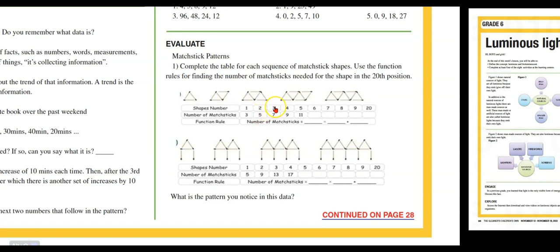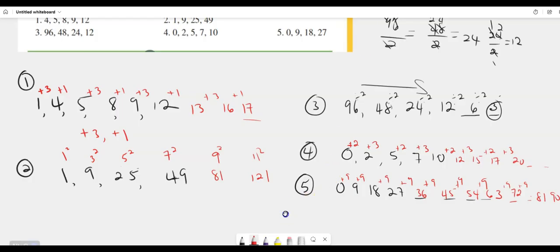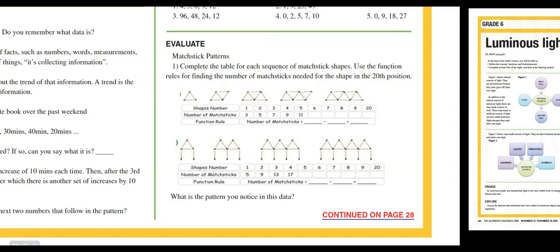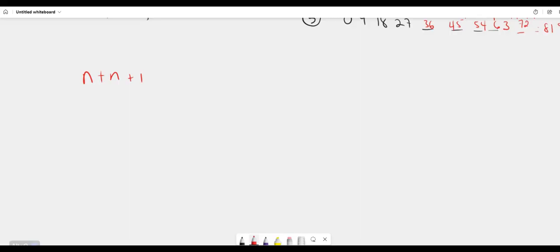So the rule is n plus n plus 1. The next numbers are 2, then 3. For 2, 2 plus 2 plus 1 gives you 5.